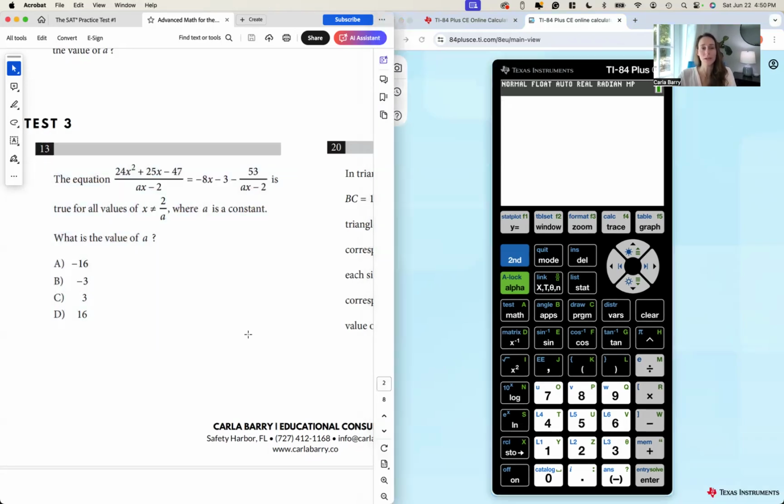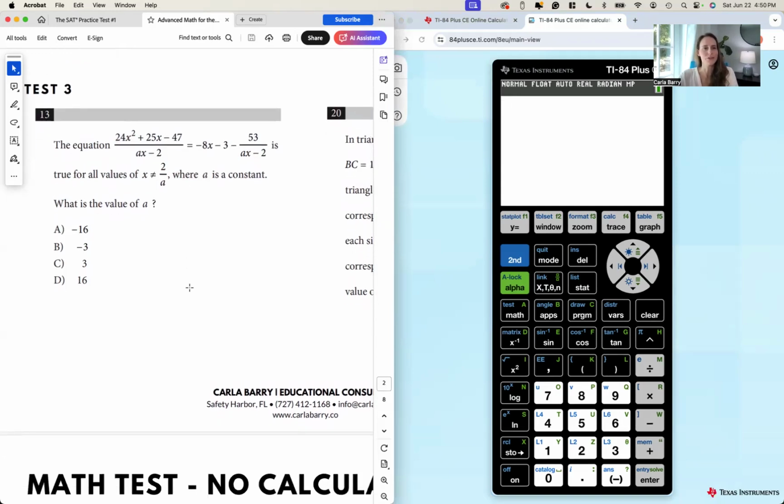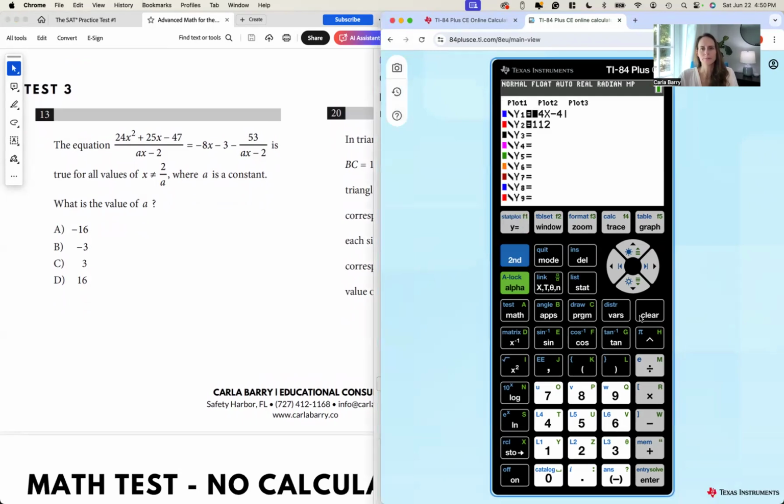And this really will be one of the most useful things you learn today, other than knowing the apps and all the features in your calculator. So I can plug in all these answer choices for A. I'm going to go to y equals, and we're going to press alpha y equals, grab the fraction bars, and I'm going to put in 24x squared plus 25x minus 47 over, and I'm just plugging in answer choice A there, negative 16x minus 2.